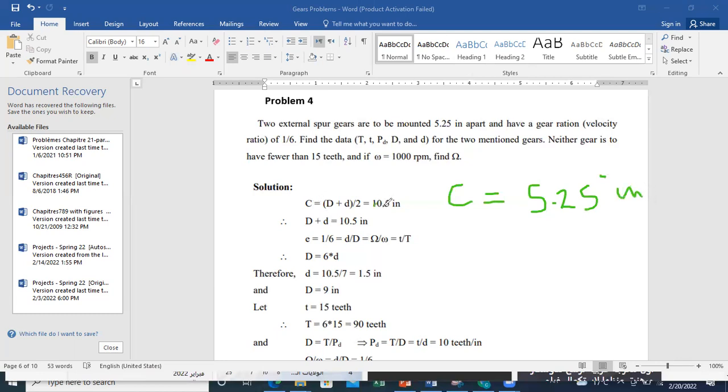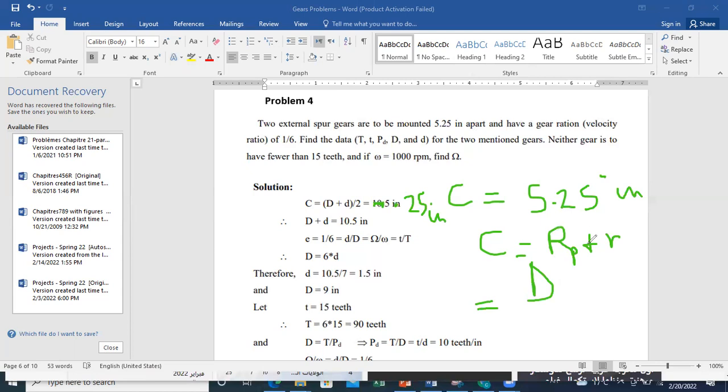And to get the relation between the summation of pitch diameters, all we have to do is say that C represents the radius of the gear plus the radius of the pinion, okay? So when we talk about the center distance between two gears, we talk about the radii of pitch circles, okay?